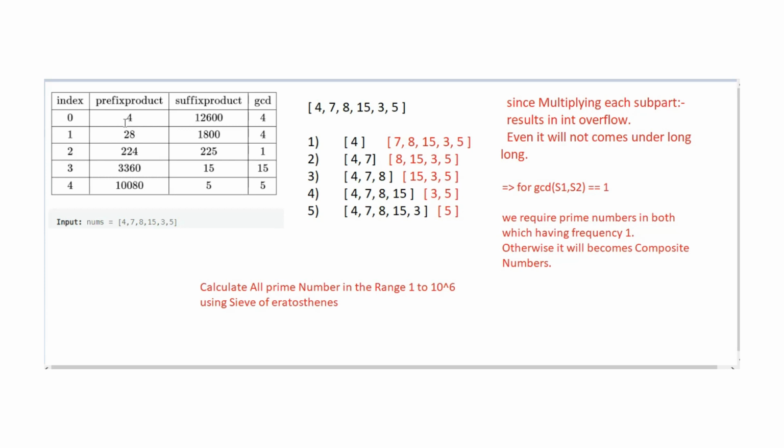To make the GCD of both numbers 1, we require unique prime numbers in both subparts. Only then do we get a GCD of 1. So this is the intuition behind this problem.